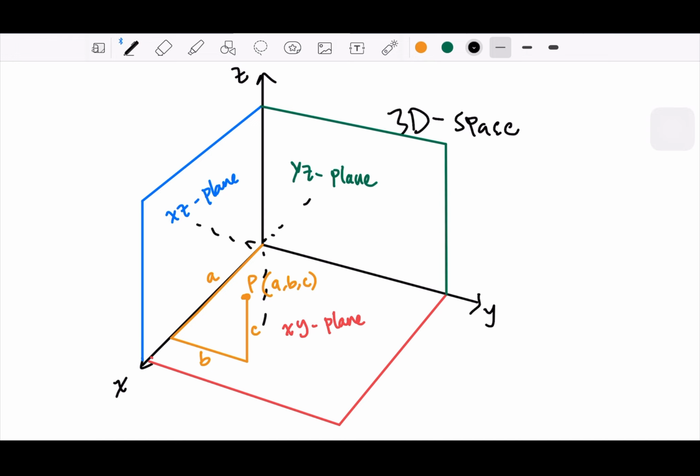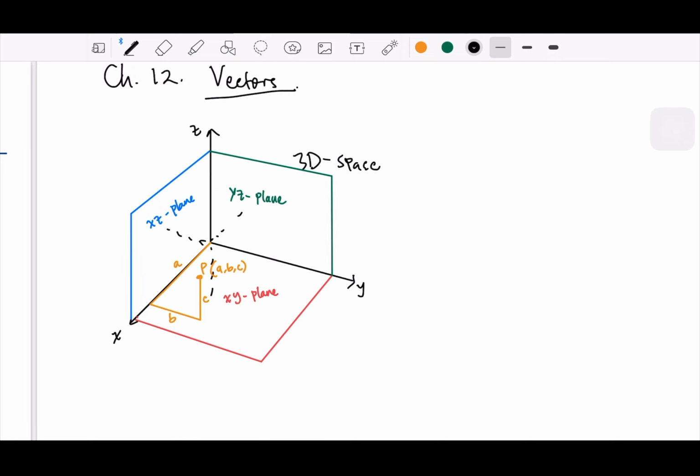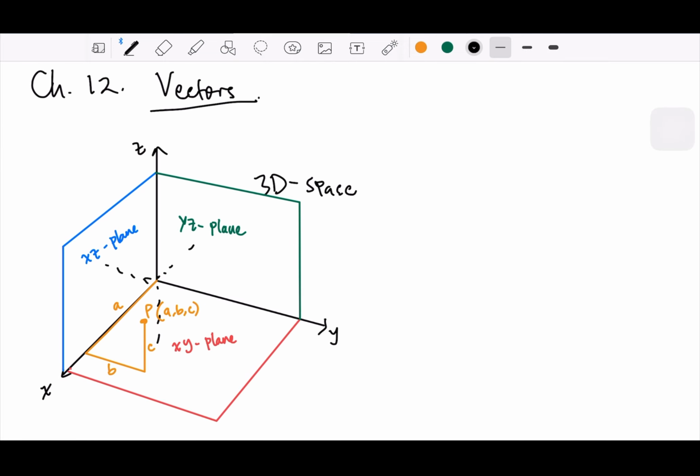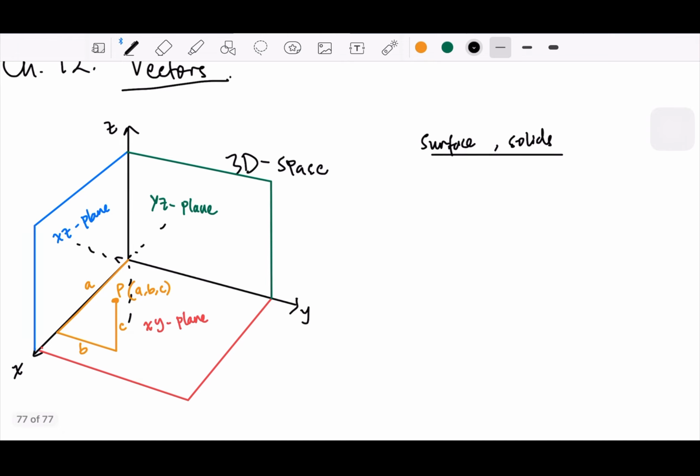But the important thing here is because we know the plane, then we can describe some surface or probably some solids that can be described within our 3 dimensions. So if I take z equal 3 or z equal 5, 6, etc., and I want to sketch how it looks like.